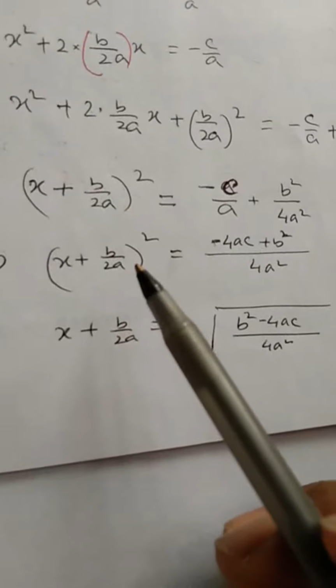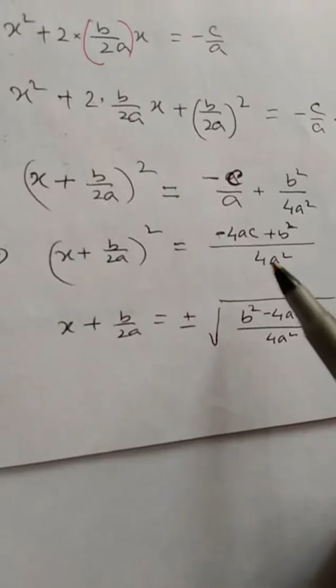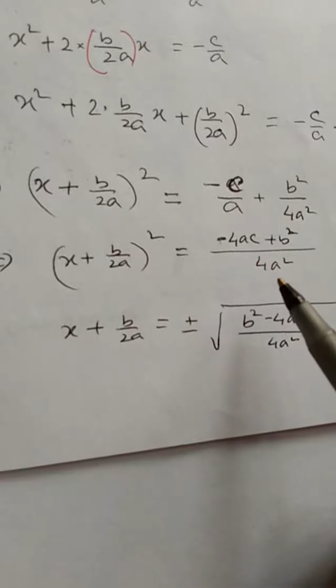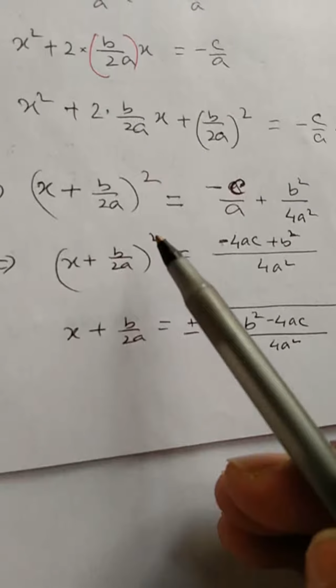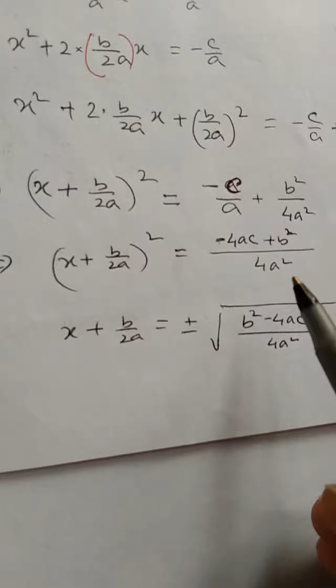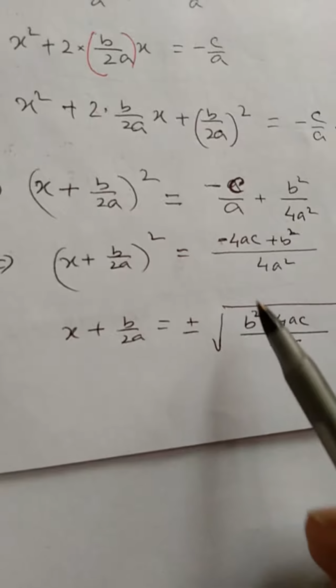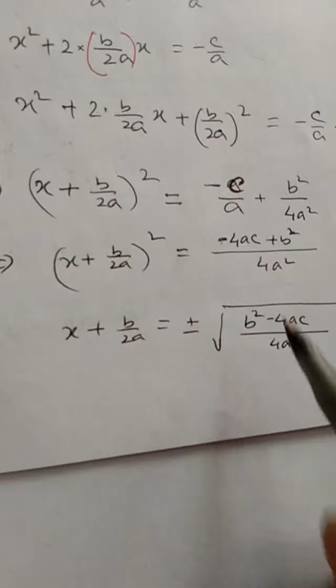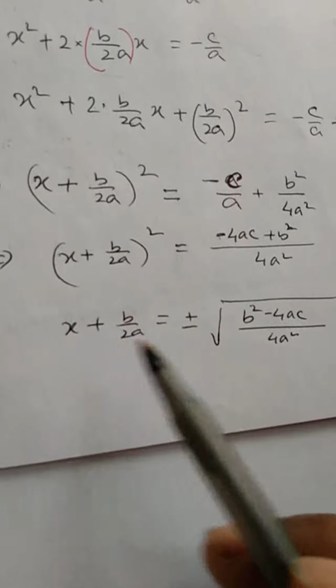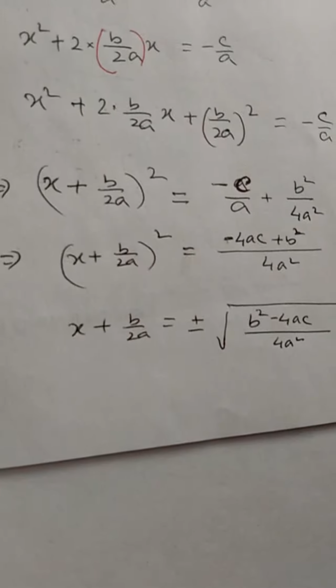After simplifying we get minus 4ac plus b square by 4a square, and when we remove the square, on the right side we write plus minus root over b square minus 4ac divided by 4a square. And now this b by 2a will shift to the right side.